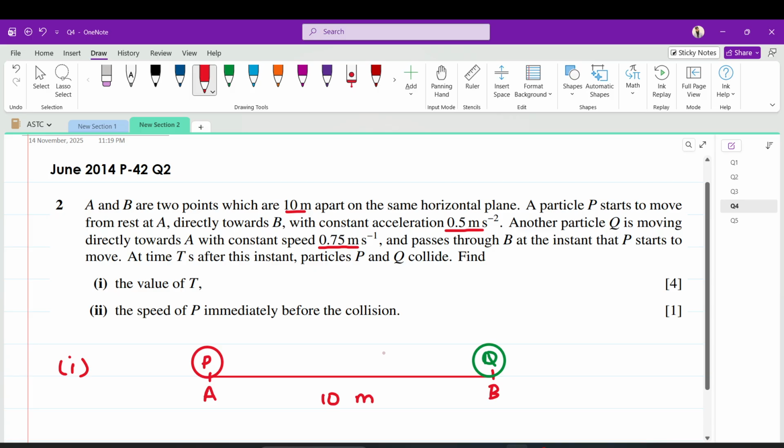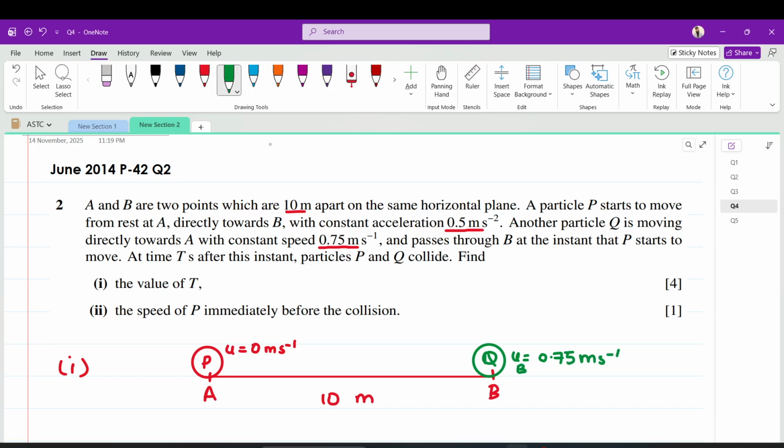At t equals 0, the initial velocity of P, which is represented by u, is 0 because the particle is at rest. However, another particle Q is moving directly towards A with constant speed of 0.75. So its initial velocity is not 0, but 0.75, and it is moving at constant velocity.